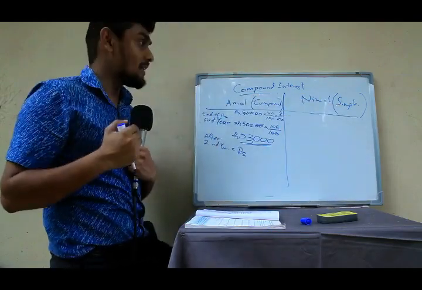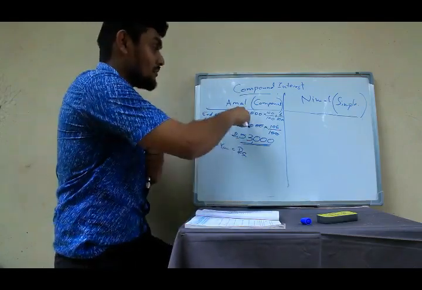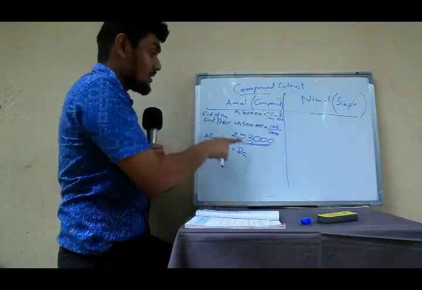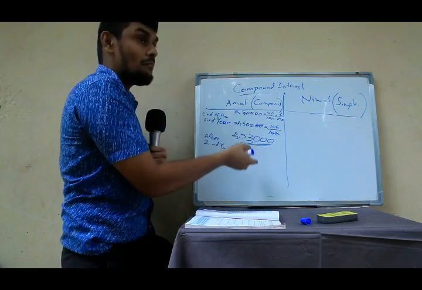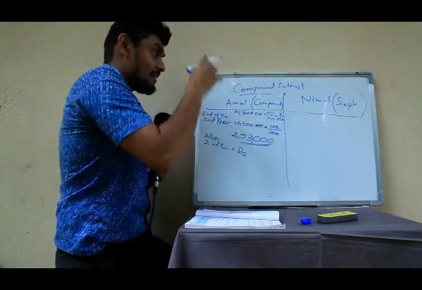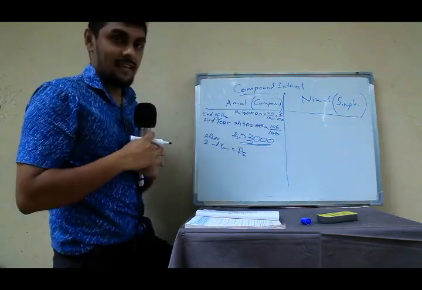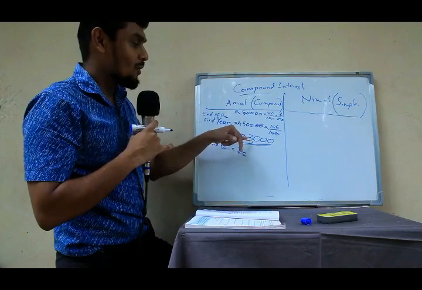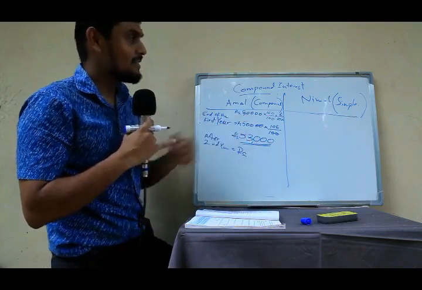Now we are finding the compound interest rate, so we have to take the nearest number. That is the target of compound interest. Why? We should go with 53,000. That is the only difference here.